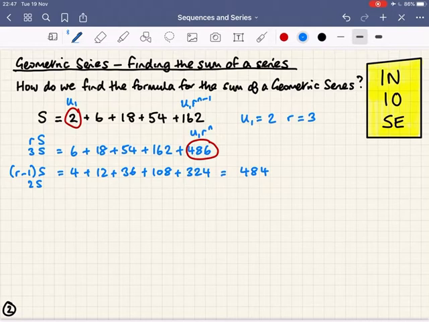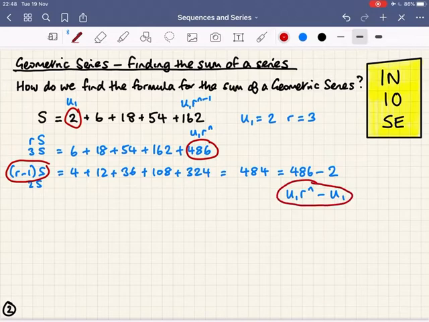So 484 is equal to 486 minus 2, which is equal to U1 r to the n minus U1. So we know that r minus 1 lots of S equals U1 r to the n minus U1.